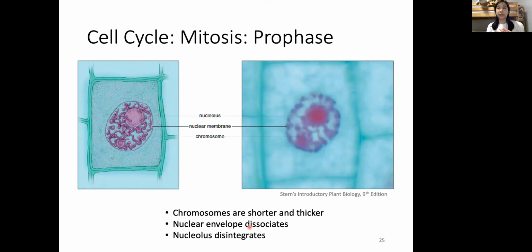During the prophase, chromosomes become condensed, shorter and thicker, so you'll be able to see some coil of chromosome, and then nuclear envelopes start to dissociate from the nucleus, and nucleolus just disintegrates or disappears.